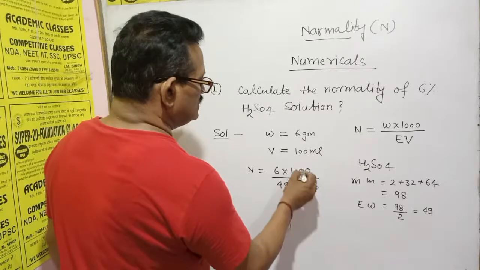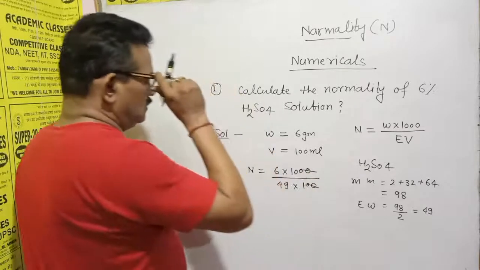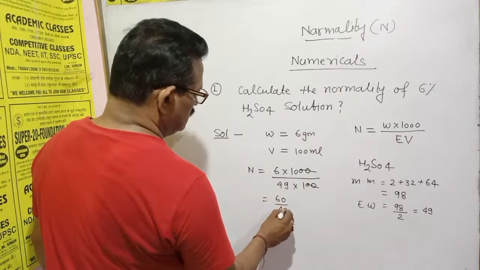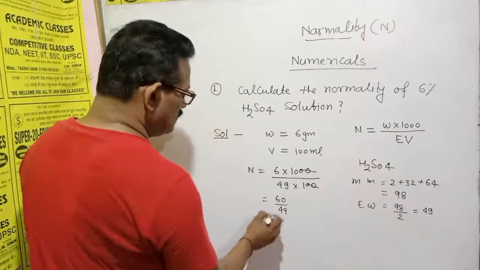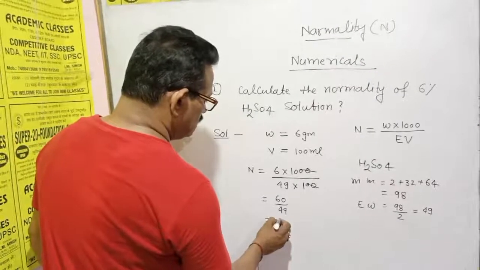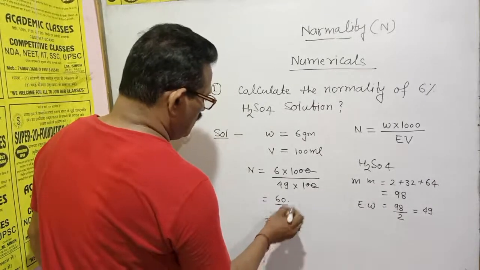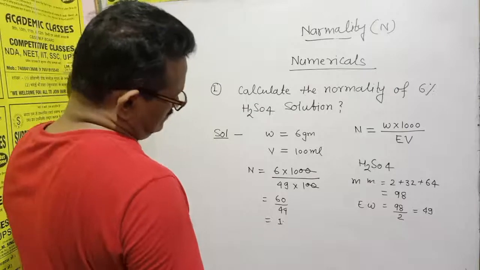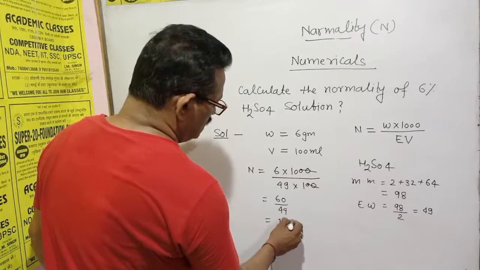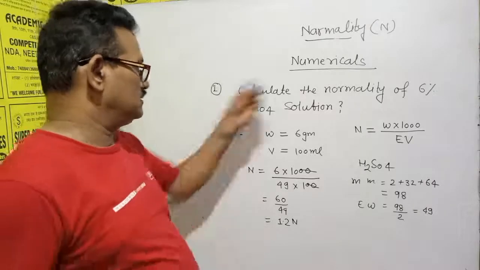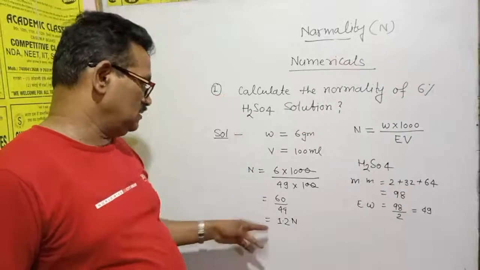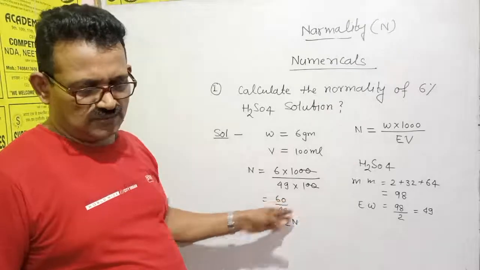The 20 cancels here and 60 upon 49 means 1 point, approximately 1.2 N. This is your normality for this question. 6% sulfuric acid has the normality 1.2 N. This is the final answer here.